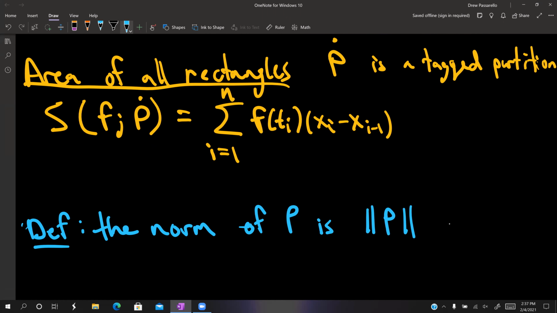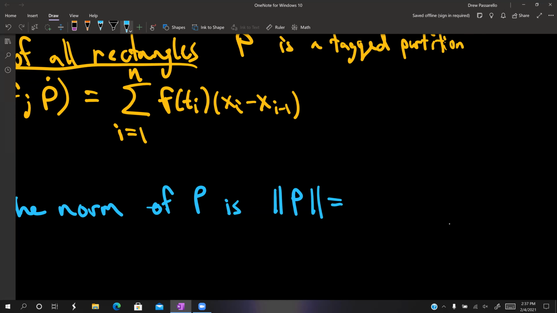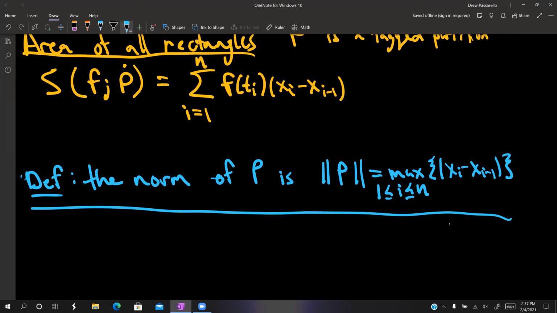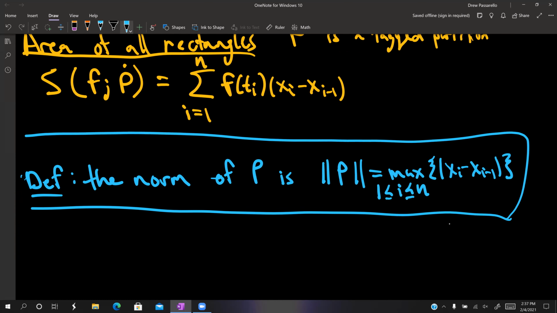It looks kind of like an absolute value, but it's equal to the max of the absolute value of xi minus x subscript i minus 1, for 1 less than or equal to i, which is less than or equal to n. So that is what the norm is. It's the greatest length of the subintervals.